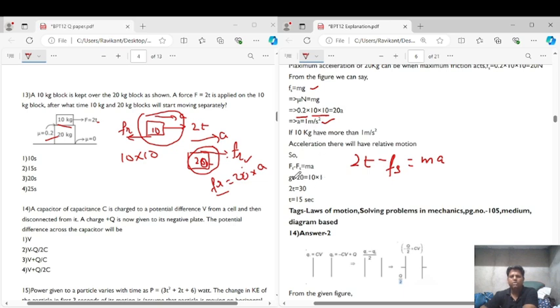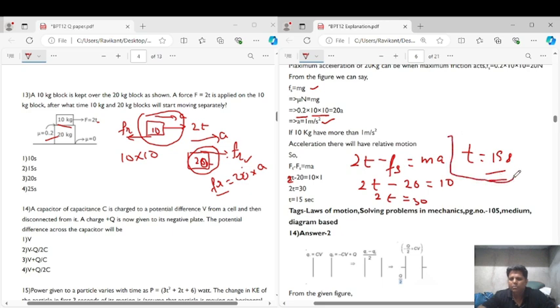So we get 2T minus 20 equals 10, so 2T equals 30. So T will be equal to 15 seconds, right? At this time both blocks will have relative motion among them. So the correct answer for question number 13 is option number 2, that is 15 seconds, right?